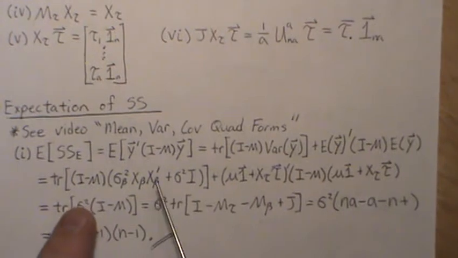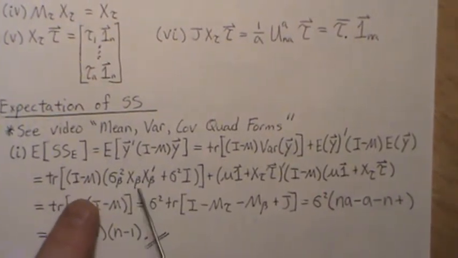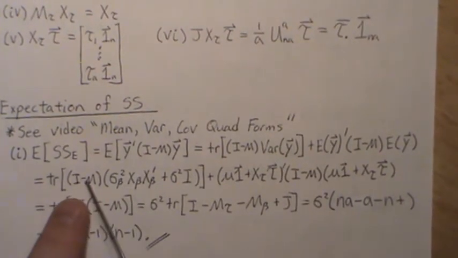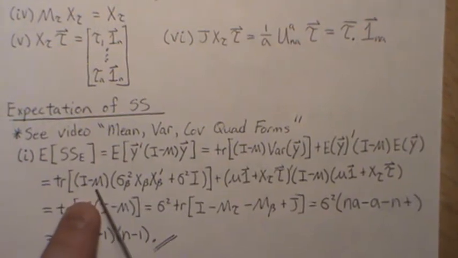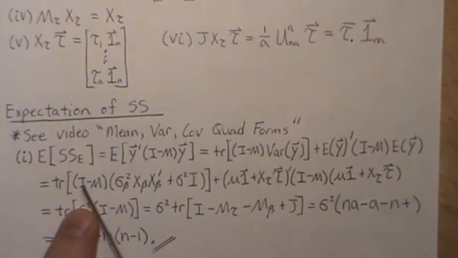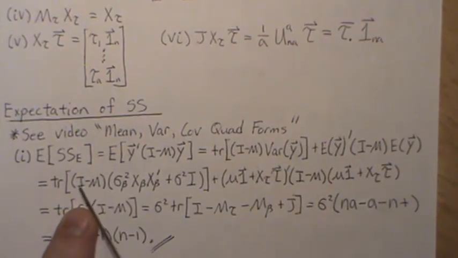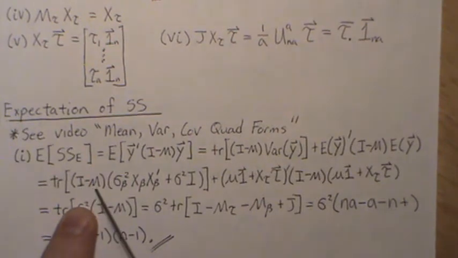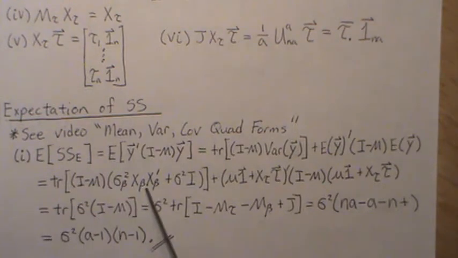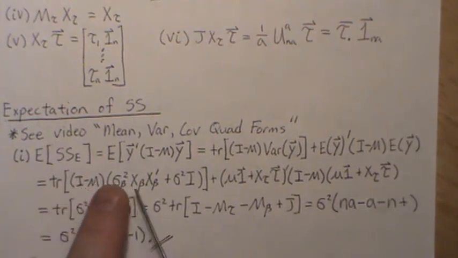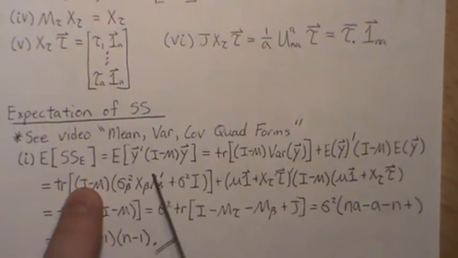Now, this piece, let's look at it first. So I minus M is a perpendicular projection matrix that projects it into n a space, but perpendicular to the column space of X. And so since X beta is in the column space of X, I minus M times X is 0. So this is 0.